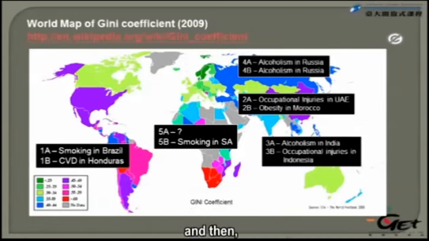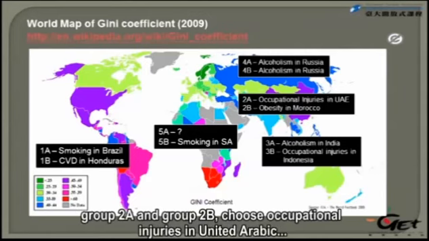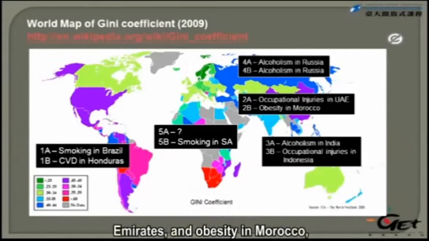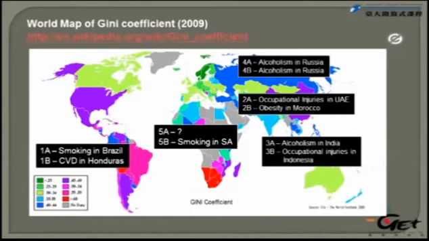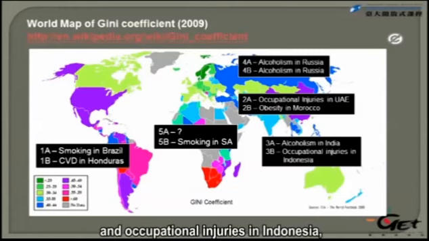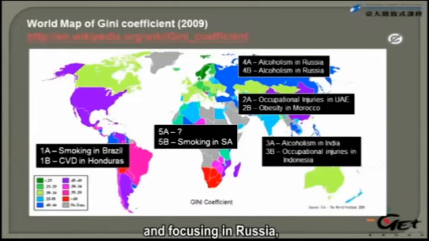Group 2A and Group 2B chose occupational injuries in the United Arab Emirates, and obesity in Morocco. Group 3A and 3B chose alcoholism in India and occupational injuries in Indonesia. And Group 4A and 4B chose alcoholism in Russia.